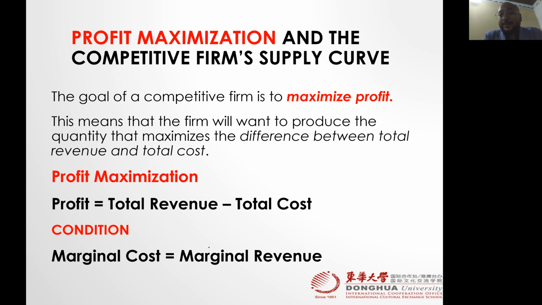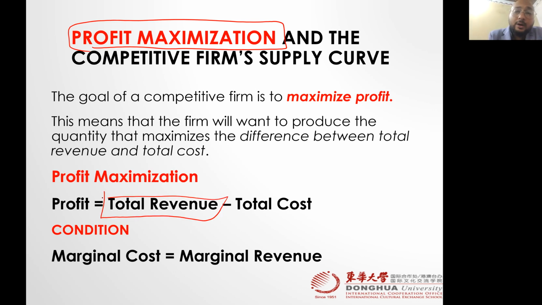Now, the profit maximization condition. So up till now, what we have discussed? We have discussed the revenue structure of a competitive firm. The revenue structure is AR is equal to MR is equal to P. All right, and now where we need to produce?